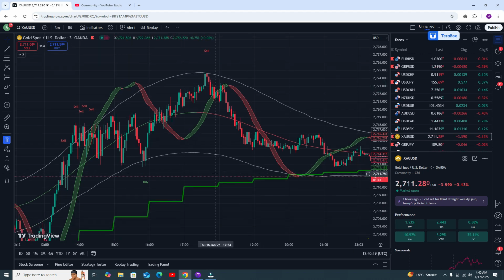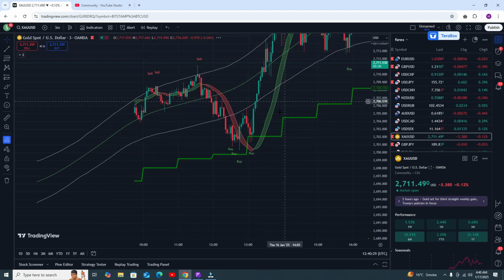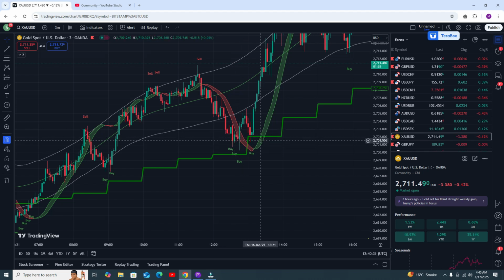Let me show you some more detail here. Here you got the buy signal, but where is the RSI? RSI is upside, so this is not our type of signal. Our type of signal is this one. The trend line is green, yes, we need to follow the buy signal. When the trend line is green, you need to follow only buy signals.